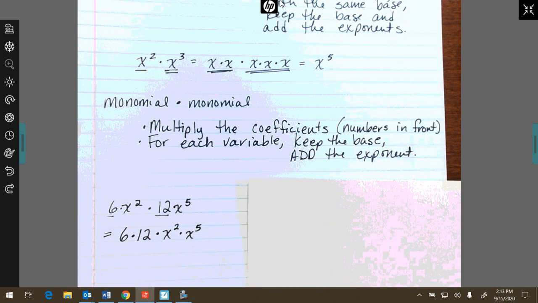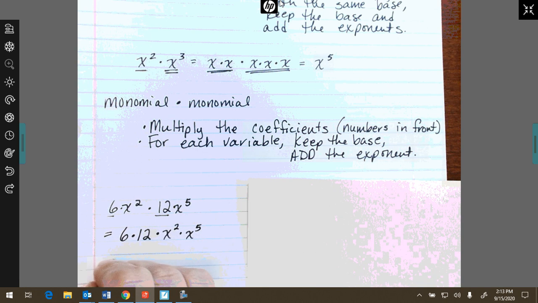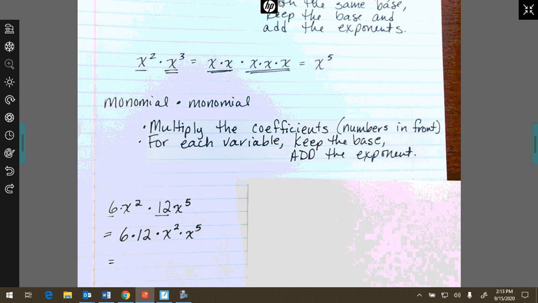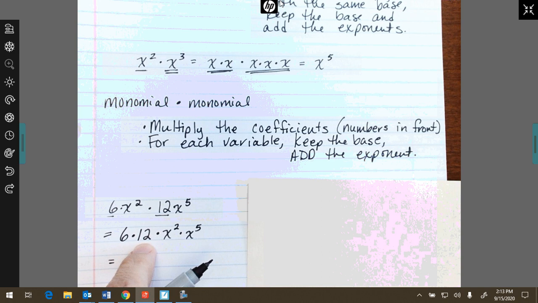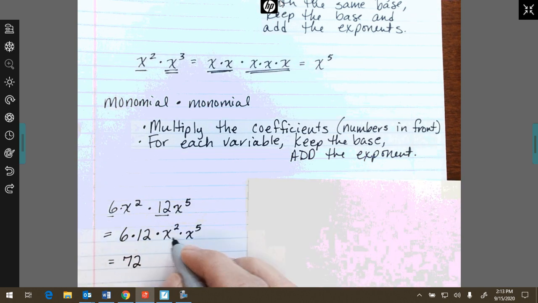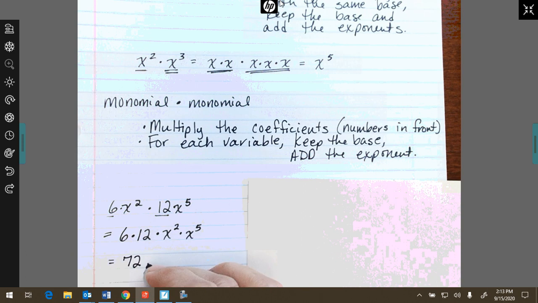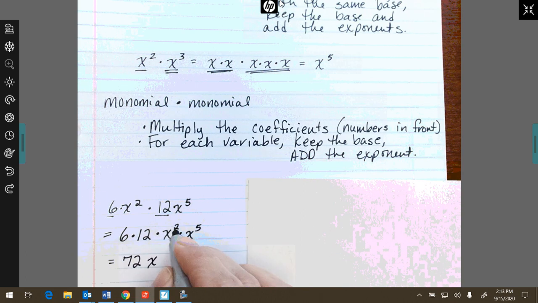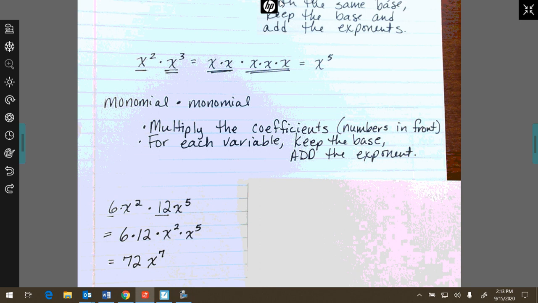Normally I skip that step and I go straight to the answer, but I want you to understand that that's what's happening. 6 times 12 is going to be 60 plus 12, so 72. And then x squared and x to the 5th, I'm going to keep the base. 2 plus 5 is 7.